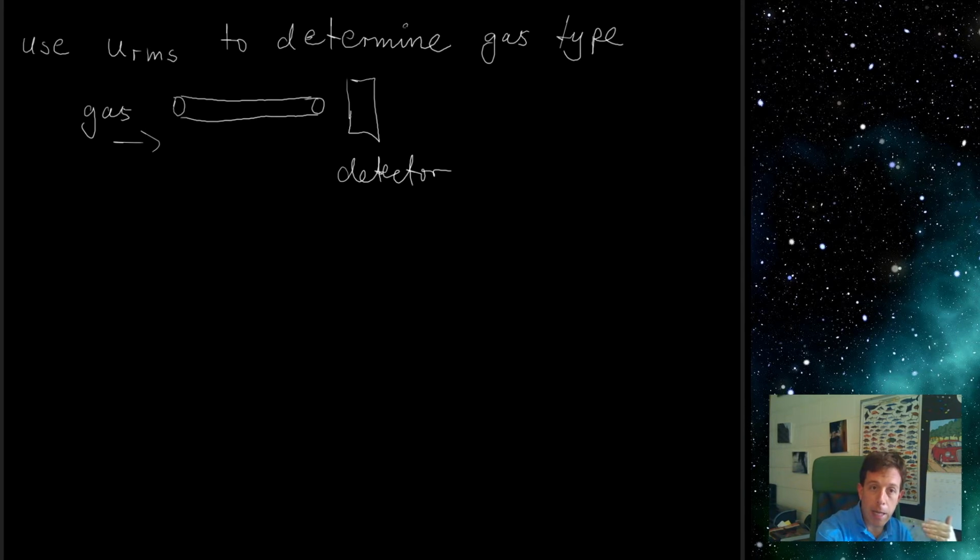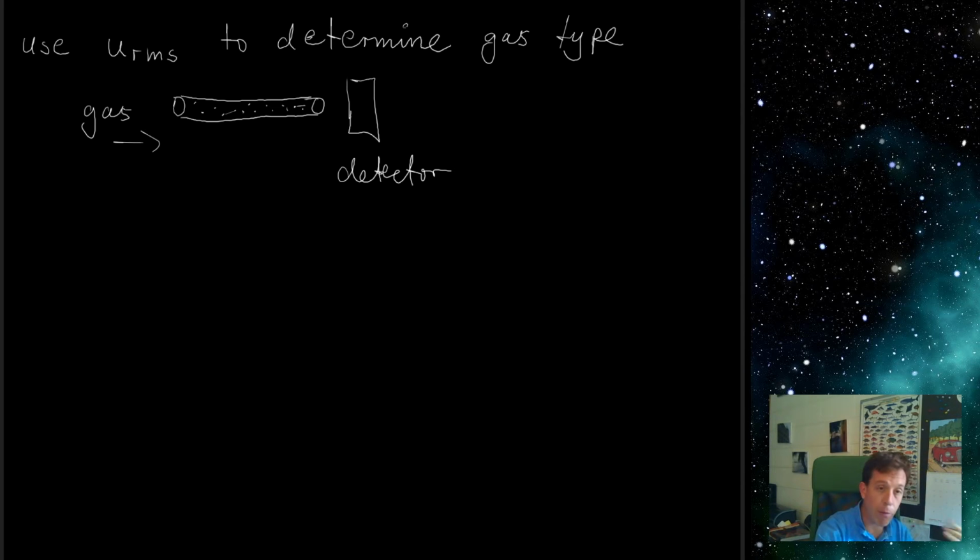Now, for most gases, they travel so fast that we could not really measure this reliably, so we can, for example, pack this column with sand or baking soda or something to make the path that the gas needs to take a little bit longer. We can then inject a standard gas and an unknown and determine what the unknown gas is.